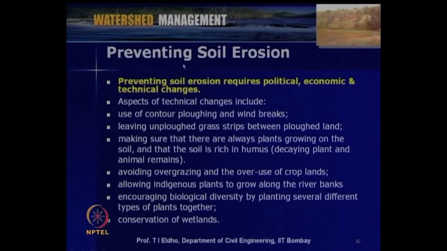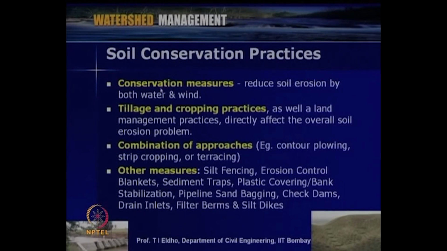So, these are some of the measures which can be adopted to prevent soil erosion, whether water erosion or wind erosion is concerned. Now, as a final topic in this lecture, let us look into the various soil conservation practices. The conservation practices are the measures to reduce soil erosion by the major factors of water and wind.